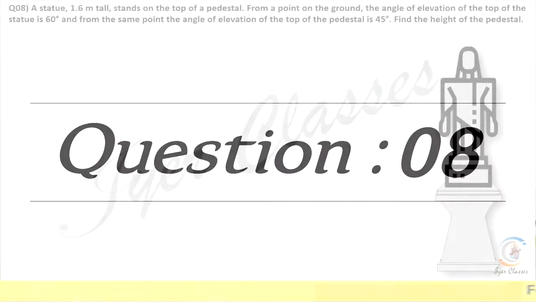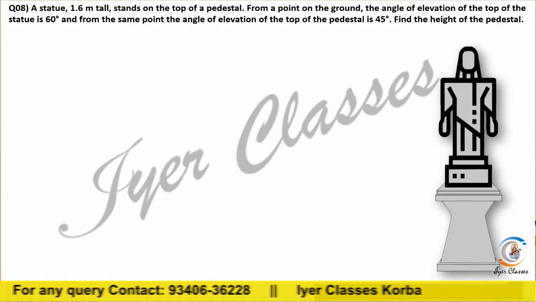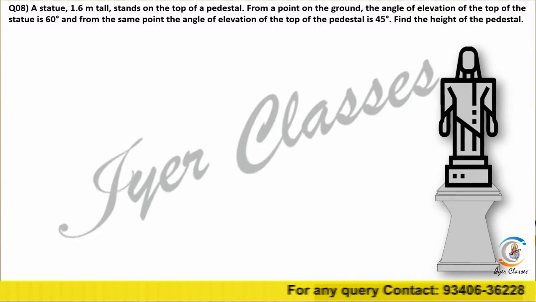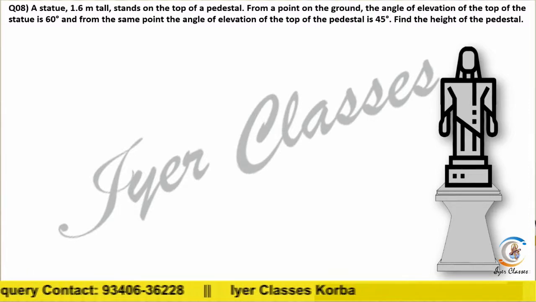Question number 8. A statue 1.6 meters tall stands on the top of a pedestal. From a point on the ground, the angle of elevation of the top of the statue is 60 degrees, and from the same point, the angle of elevation of the top of the pedestal is equal to 45 degrees. Find the height of the pedestal.